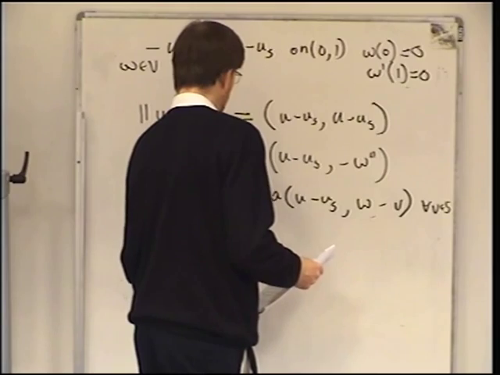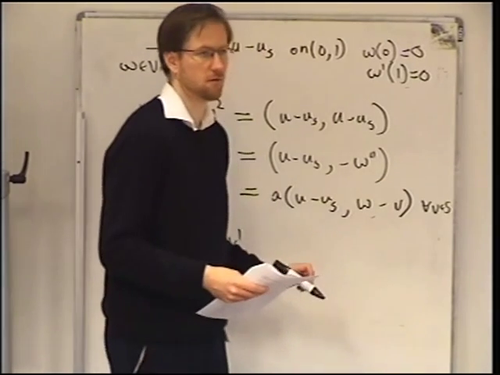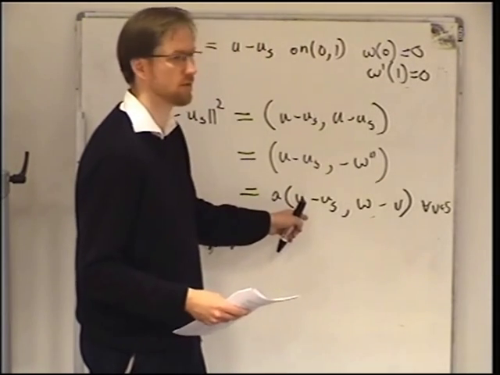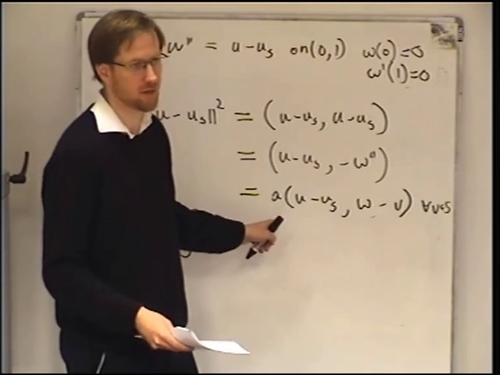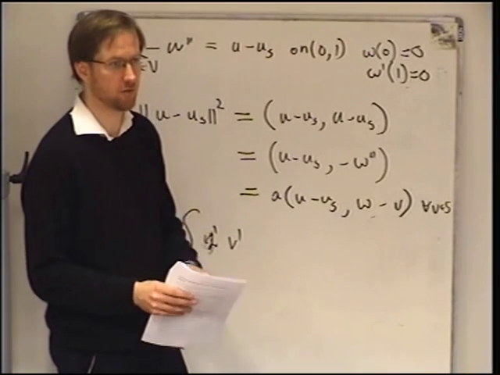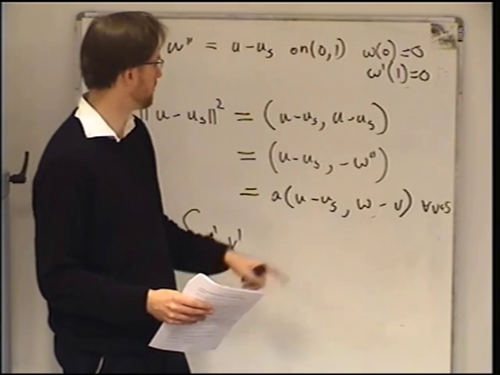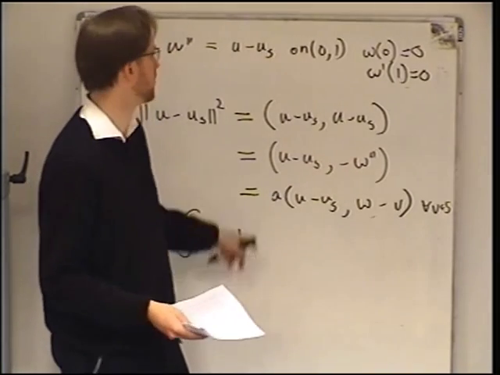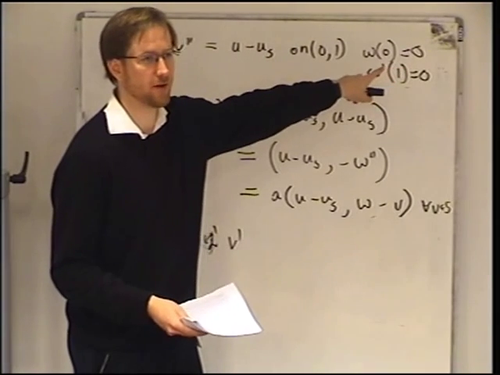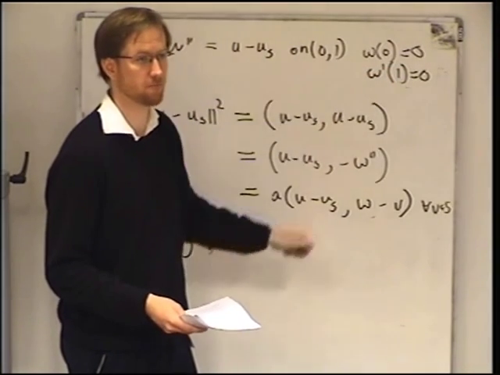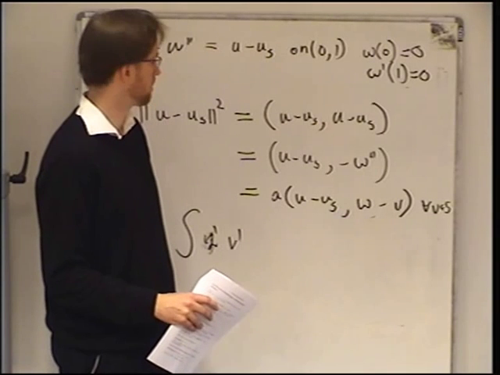I get from this one to this one by integrating by parts. And the reason you should be worried about having just A here is because there should be boundary conditions. But there aren't boundary conditions because I defined W up here to satisfy the boundary conditions. So that works.